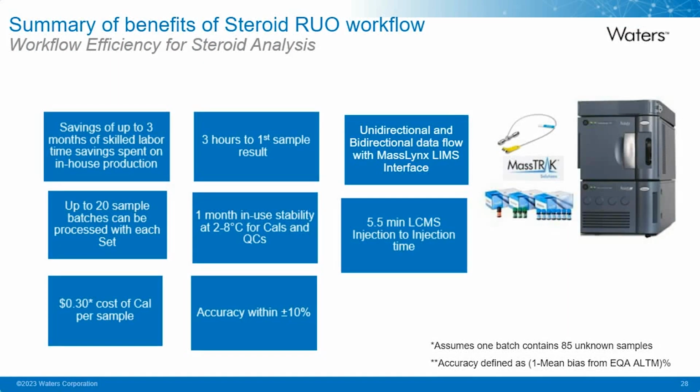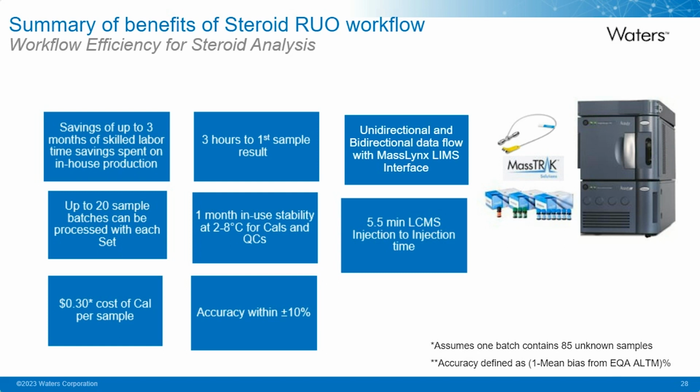And Isha did cover some of the benefits of the MassTrak Sets workflow, but I thought I'd just highlight the benefits of the overall workflow we're employing for this IUO analysis. We're looking at savings of up to 3 months of skilled labour time spent on in-house production using the MassTrak Sets. These sets can be used in up to 20 sample batches with each set.